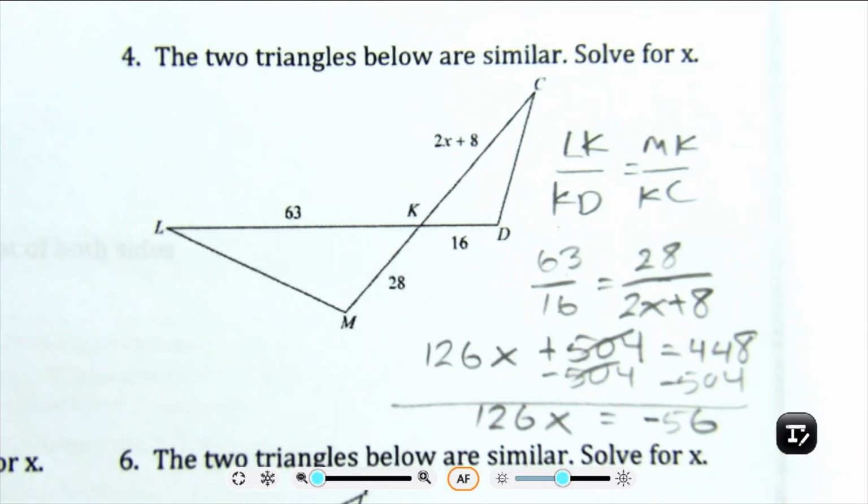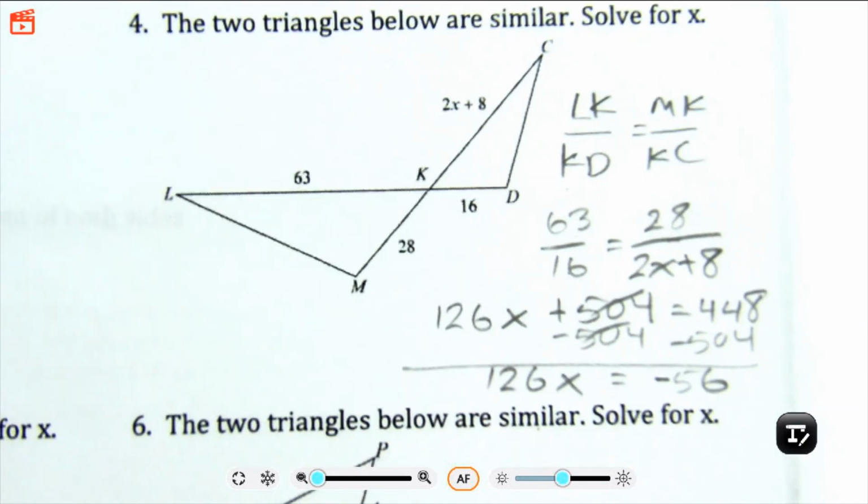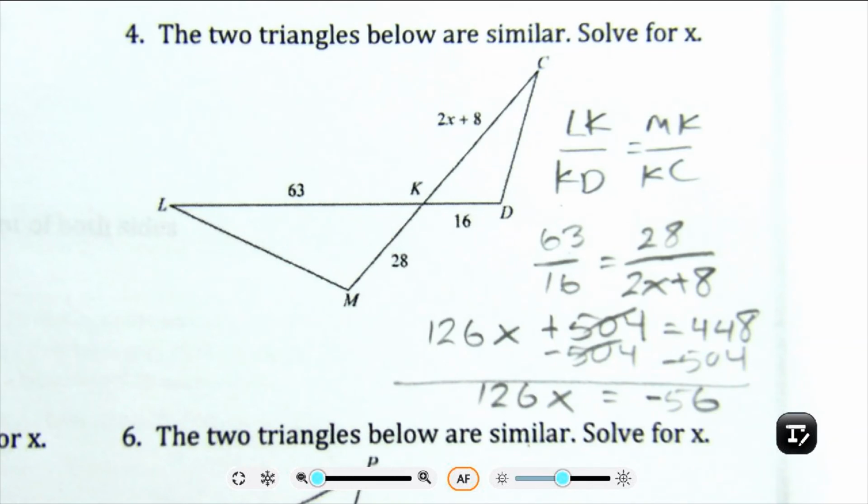So I think there might be an issue with this problem because I'm getting a negative answer and I shouldn't be getting a negative answer. Let me look at it one more time. You know, I think the proportion is correct.